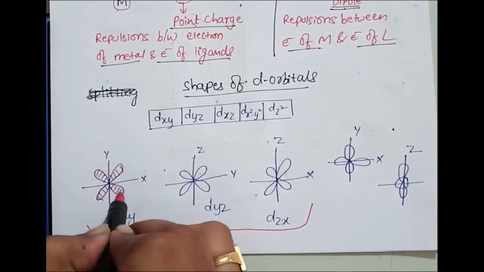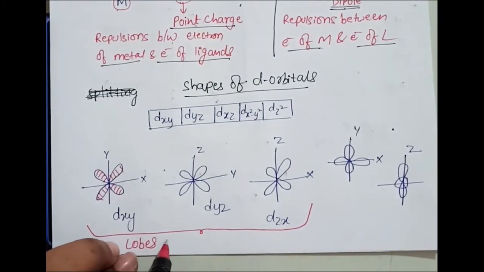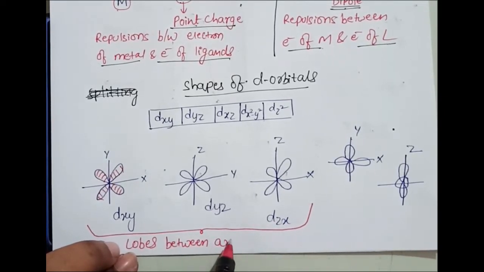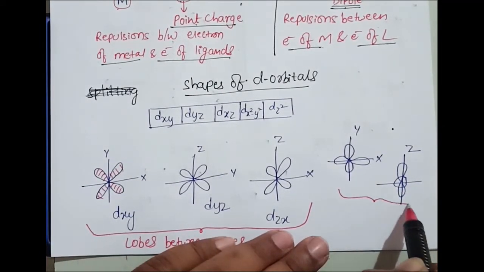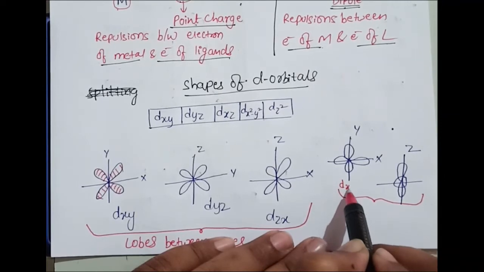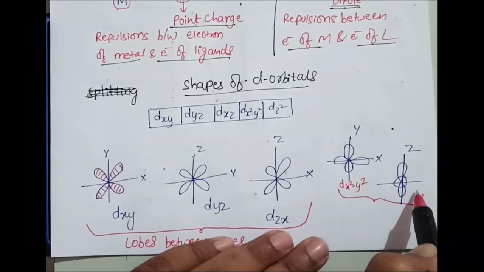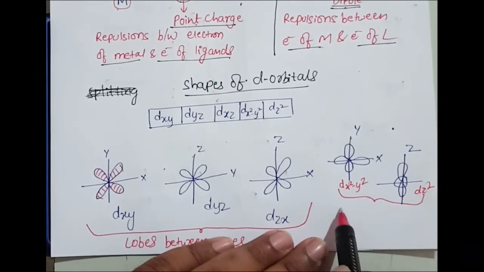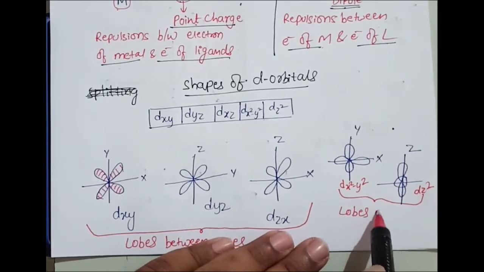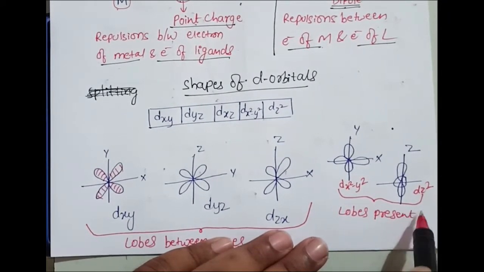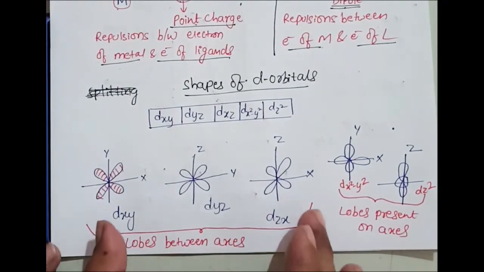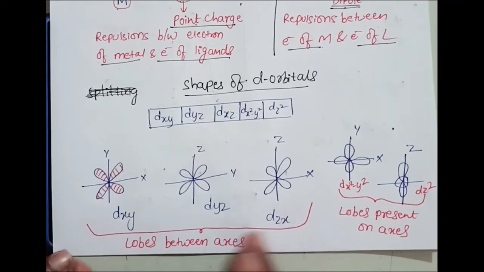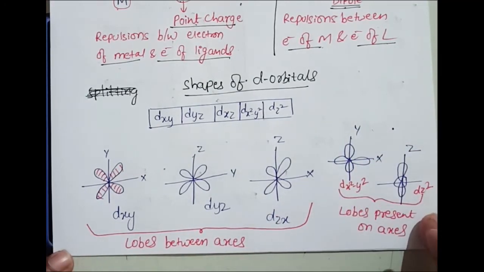So lobes are present between axes in these three, and in these two, dx square minus y square and dz square, lobes are present on the axis. Keep it in mind. So here lobes are present between the axes and here lobes are present on the axes.